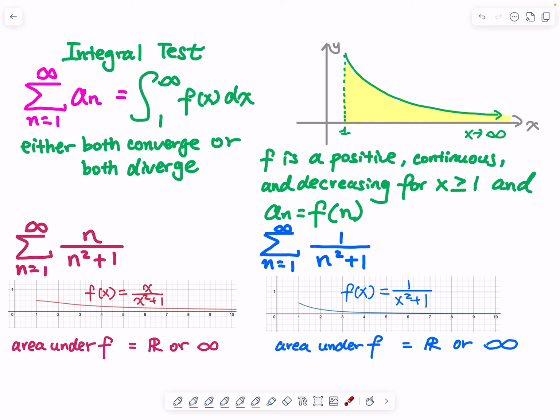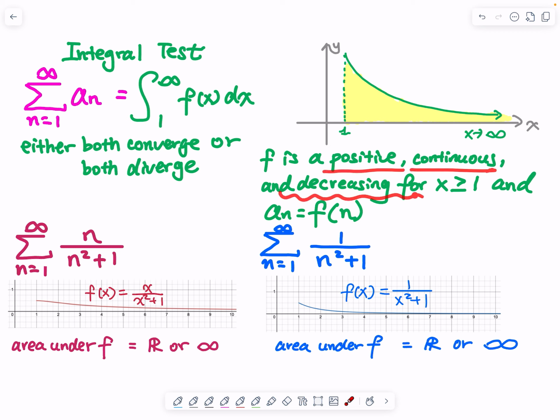This is a point on the curve, and you draw a rectangle, and then you use base times height to find the area of each rectangle, and you add them up to approximate the area under this curve. So that's why the summation can be approximated by the integral, but you need to show that the function is positive and continuous. Usually these are easy to show.